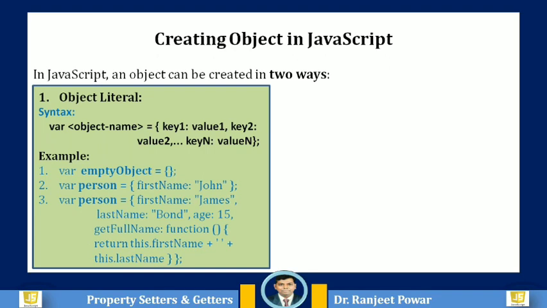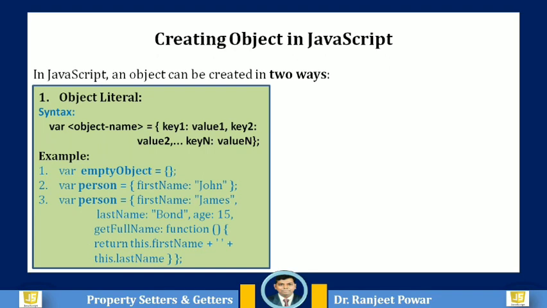Let us see how to create an object in JavaScript. In JavaScript, an object can be created in two ways. The first using object literal and the second one using object constructor. In the first, the object literal is a simple way of creating an object using curly brackets.